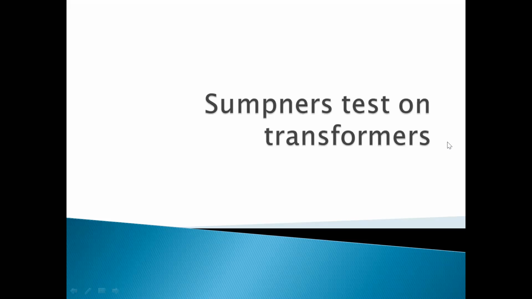The key point in this test is that we use two identical transformers. Suppose you want to determine the efficiency of one transformer by conducting Sumpner's test, you need two identical transformers. So a similar transformer is required, one more similar transformer is required.